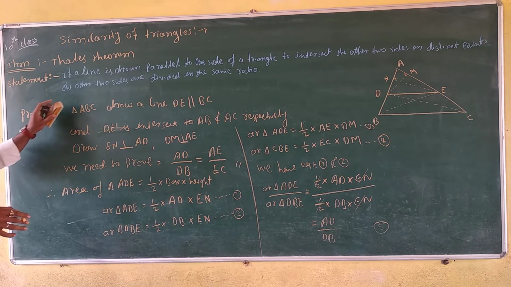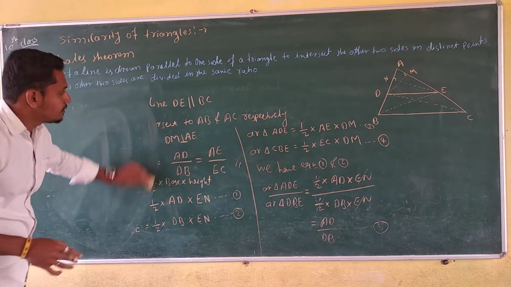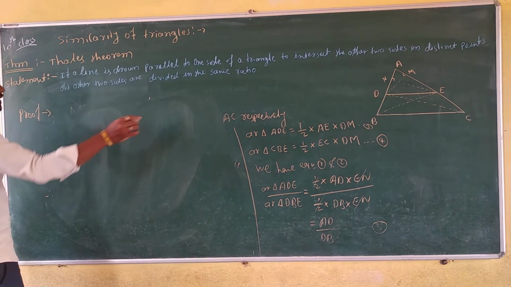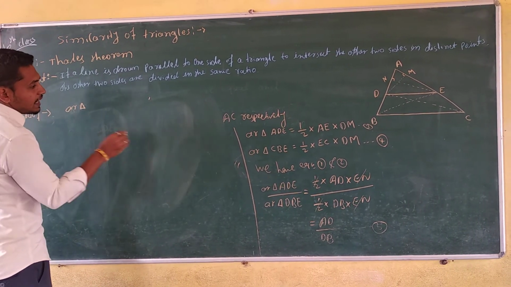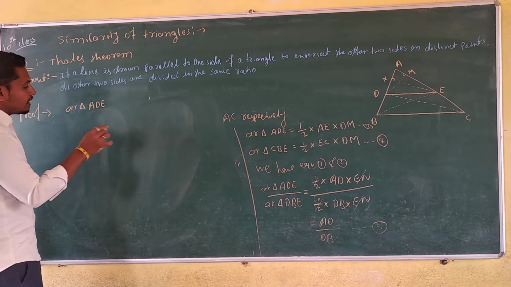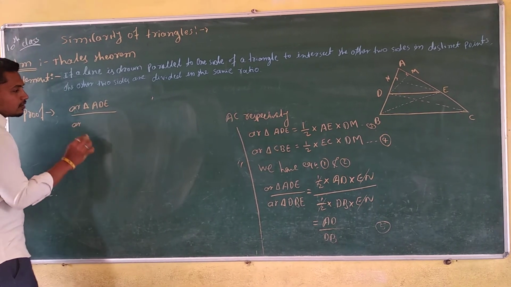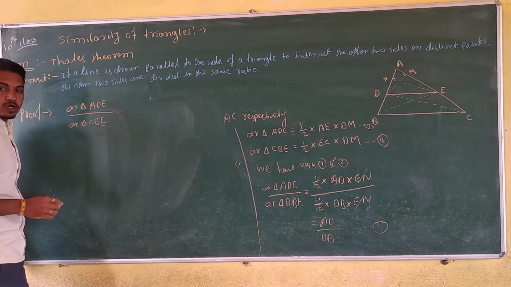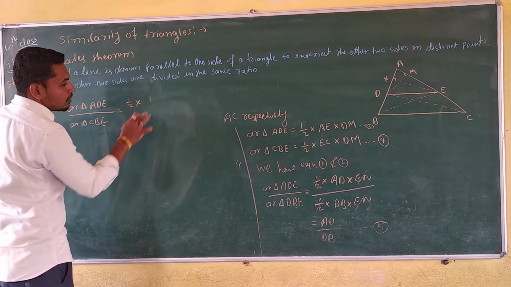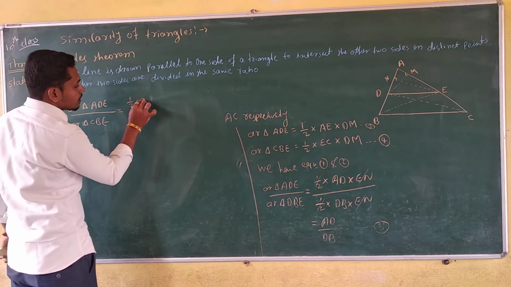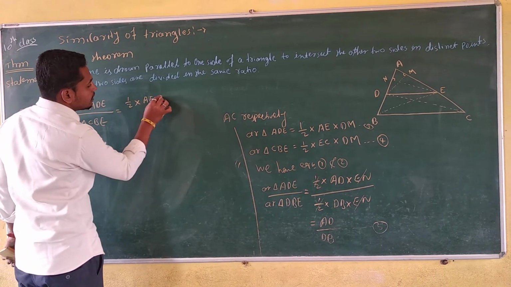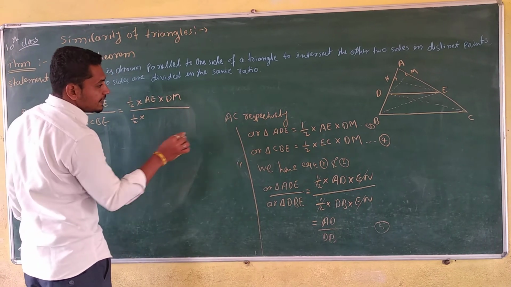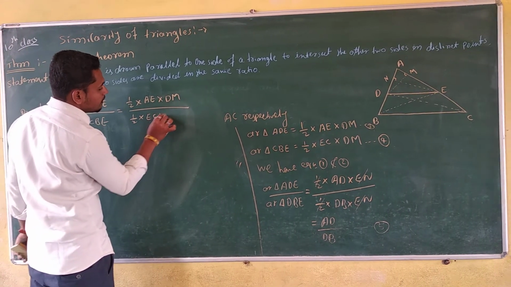Now I erase it. Next, the area of triangle ADE divided by the area of triangle CBE is equal to, the area of a triangle is 1 divided by 2 into AE into DM divided by 1 divided by 2 into EC into DM.